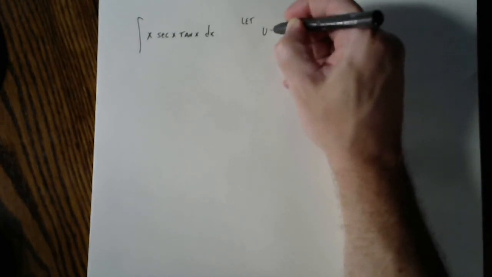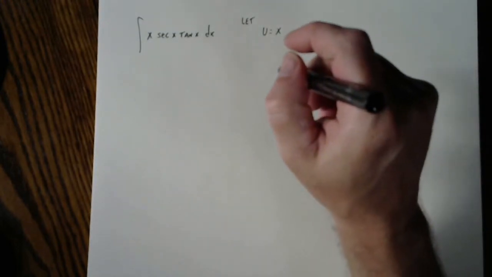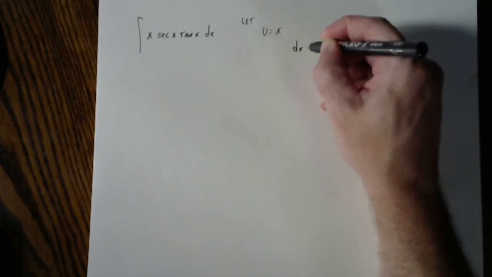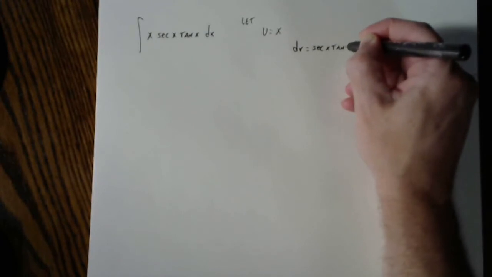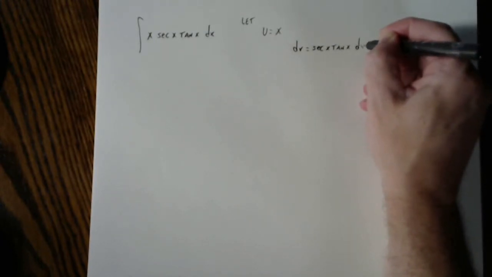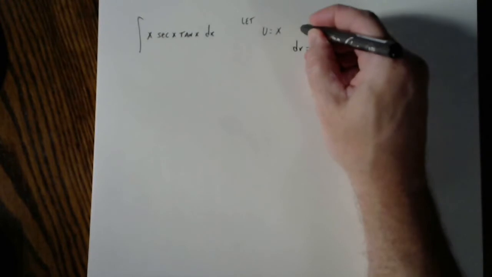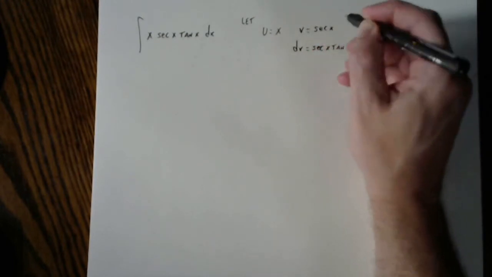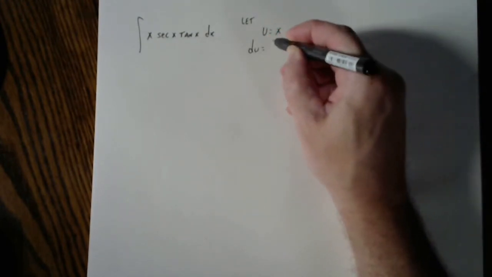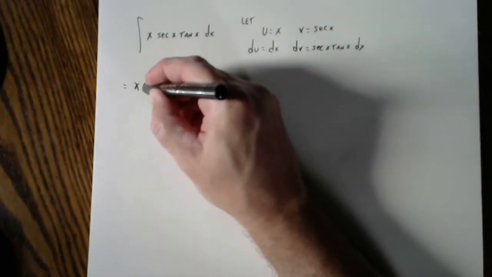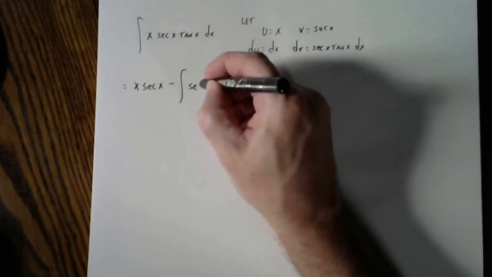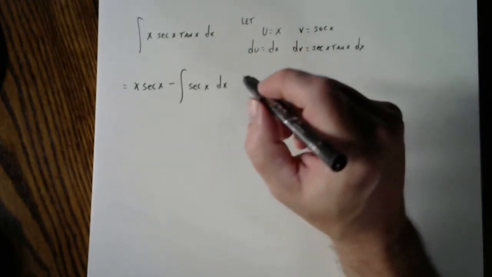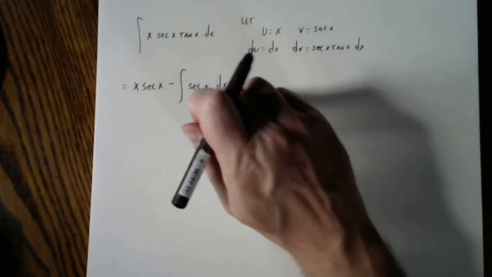U is x, excuse me, and dv as the rest. Well, that means I have secant, du is then dx. So that integration by parts, v du, now I've made this simpler, and I just did this integral previously.